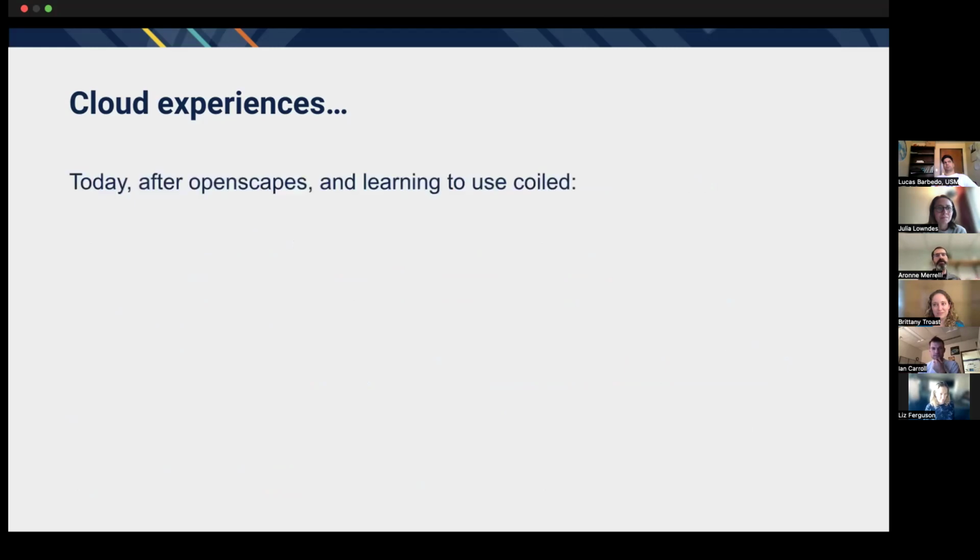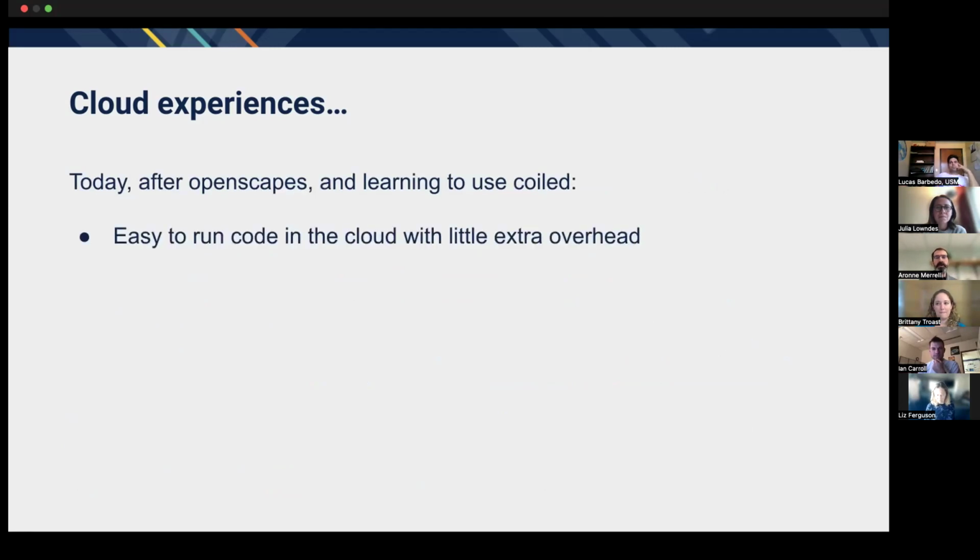So okay, now today, after NASA Openscapes, and particularly learning Coiled, it's very easy for me to run code in the cloud with little extra overhead. It doesn't require any other specialized Python packages. Now, Coiled is a Python package, but I didn't have to learn any other numerical packages to do the actual analysis.